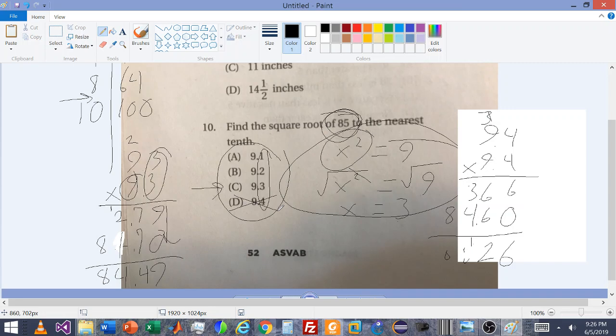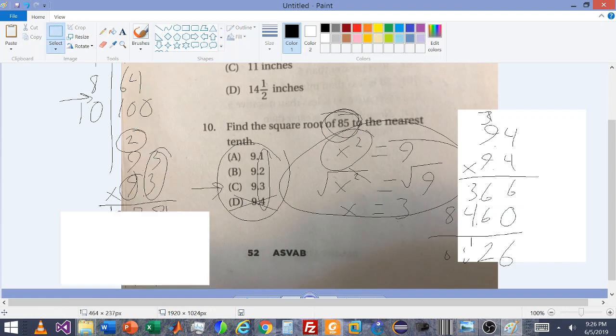That means 9.3. I forgot to carry my 2 down here. So I'll do that again. This is what happens when I do math too late. So let me do this again. I'm thinking it's going to be like 9.1 or 9.2. So 3 times 3, already said it was 9. 3 times 9 is 27. Okay, and then 9 times 3 is 27.